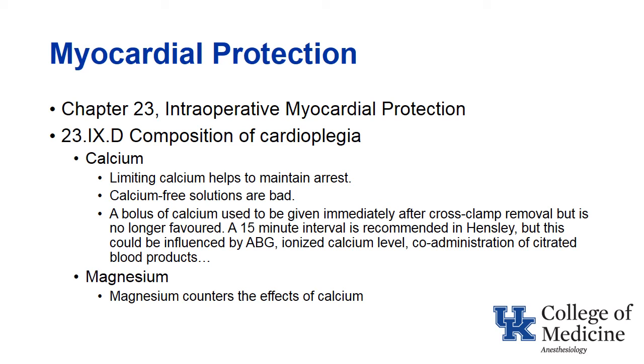A 15-minute interval between cross clamp removal and administration of calcium is recommended in Hensley. However, this could be influenced by blood gases, ionized calcium level, and co-administration of saturated blood products, as well as the timing of cross clamp removal and separation from bypass.